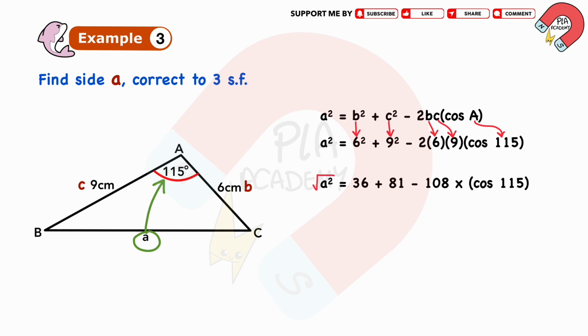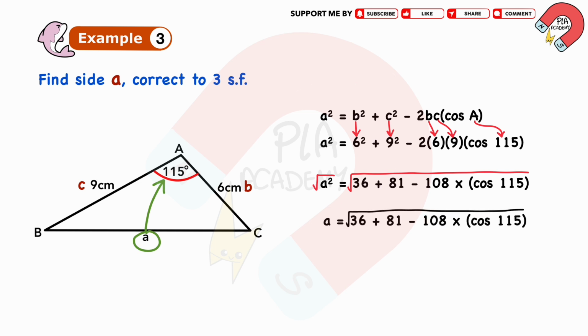To find A, we square root both sides. So A equals the square root of 36 plus 81 minus 108 times cos 115. Using a calculator, we get A equals 12.8 centimeters to 3 significant figures.